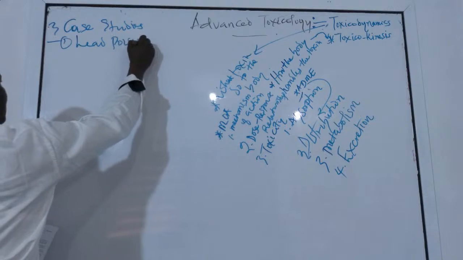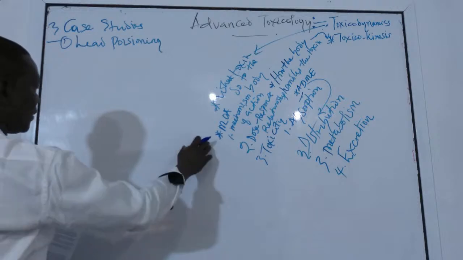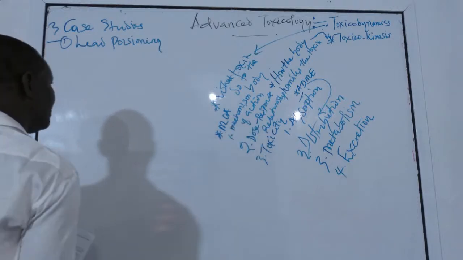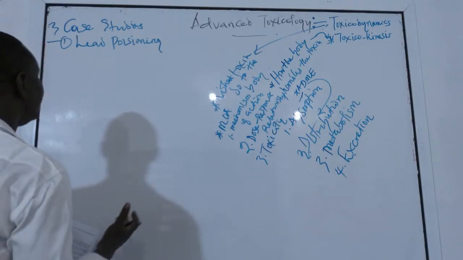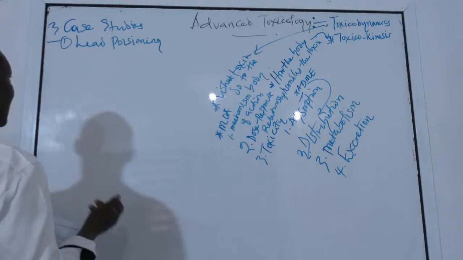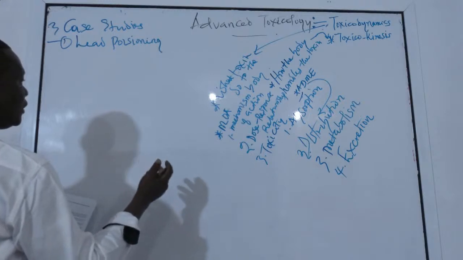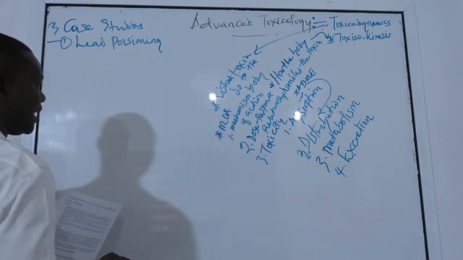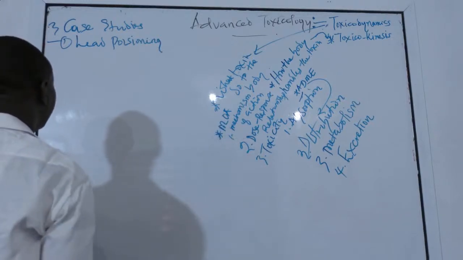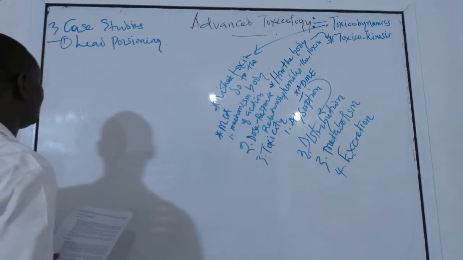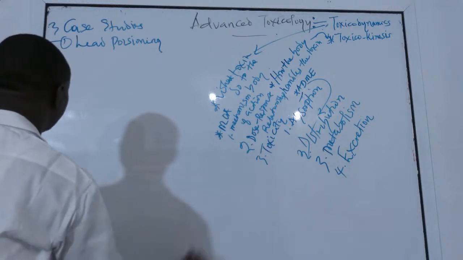If somebody is involved in lead poisoning, we are going to examine how it is absorbed, how it is distributed, how it is metabolized, and how it is excreted. Then we will also talk about the toxicodynamics of it. We look at the mechanism of action of the lead. Then we look at the dose response relationship, as well as the toxicity.